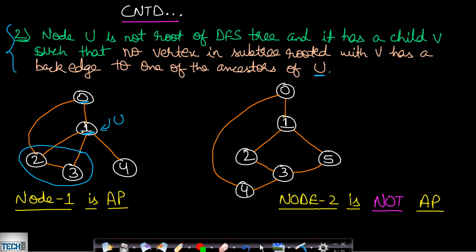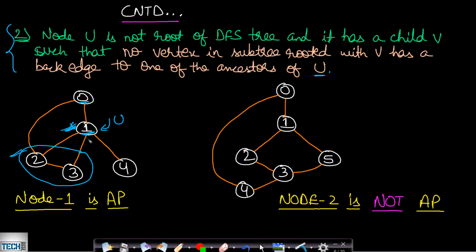Therefore, even if you remove this 1, this subgraph will not get disconnected. This will remain connected to the graph. And so on removing this node 1, it will not contribute to increasing the components with respect to this subgraph. So this will not be an articulation point if you look at only this subgraph.